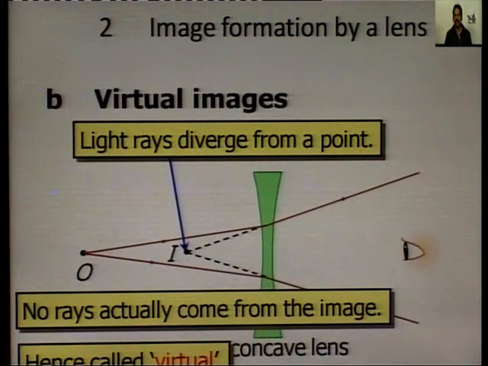If you place a screen over here, you cannot get the image on the screen, because the rays of light are not actually meeting. So, this kind of image is called a virtual image.